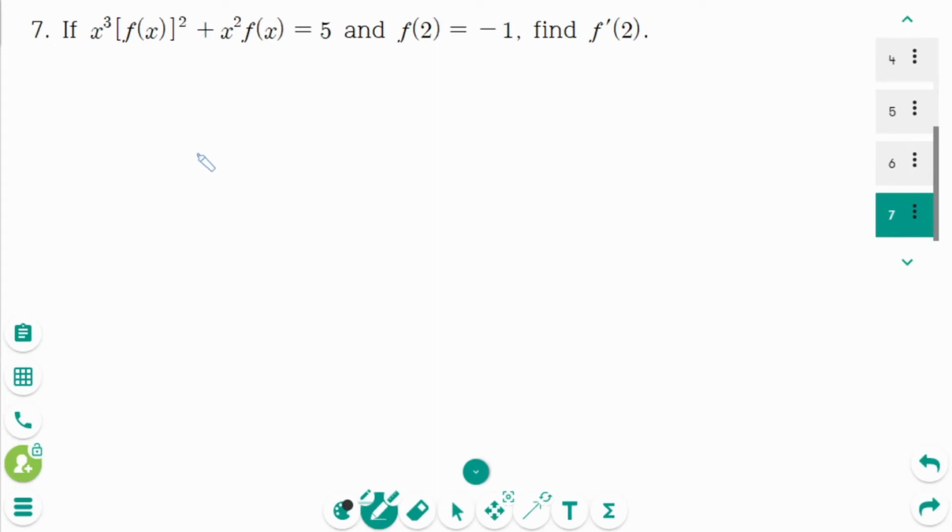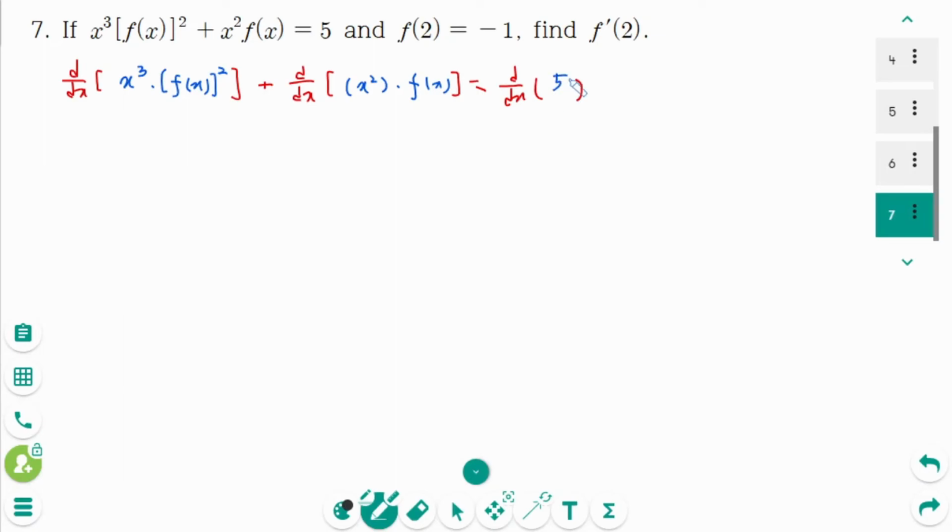This is the last one. d/dx of x cubed times f of x squared plus d/dx of x squared times f of x equals d/dx of 5.